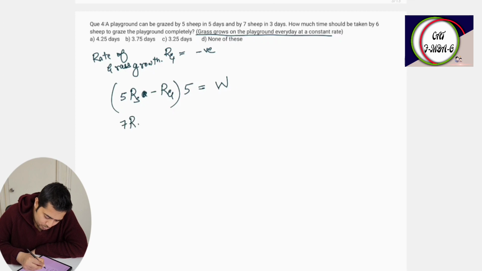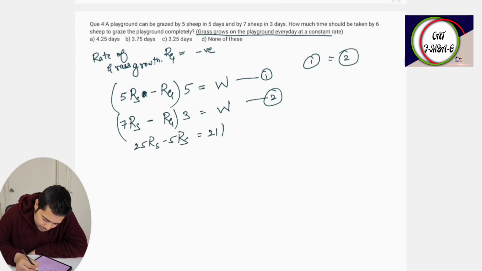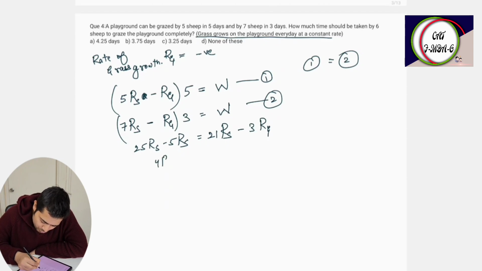And 7 into RS minus RG, which is constant, into 7 is equal to total work. You can equate these two equations. So 25 RS minus 5 RG is equal to 49 RS minus 7 RG. So 4 RS is equal to 2 RG. So RG is equal to 2 RS.